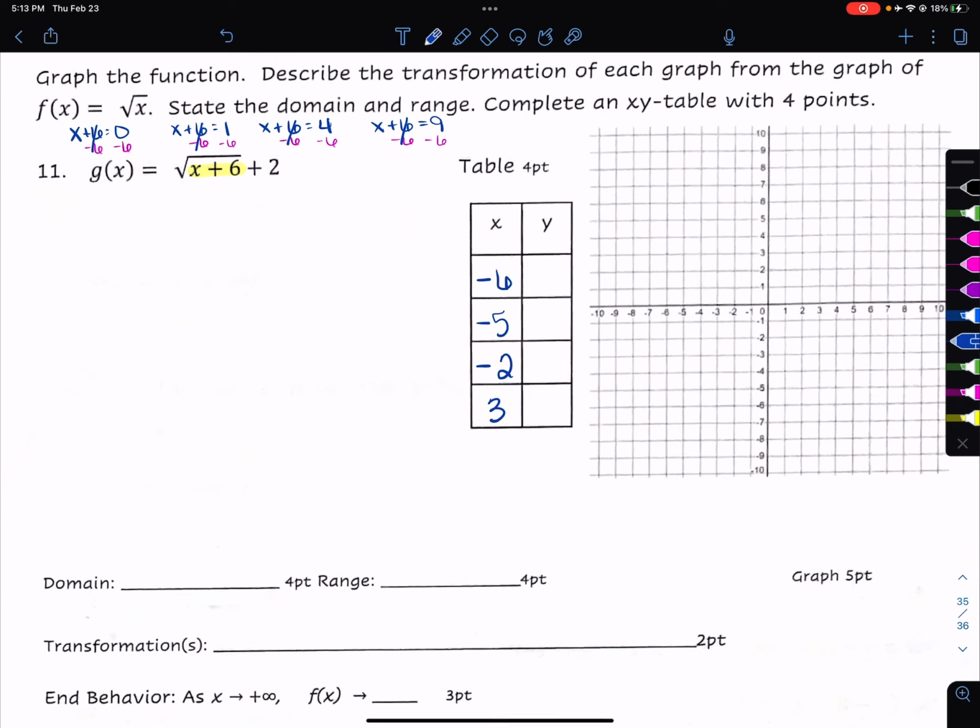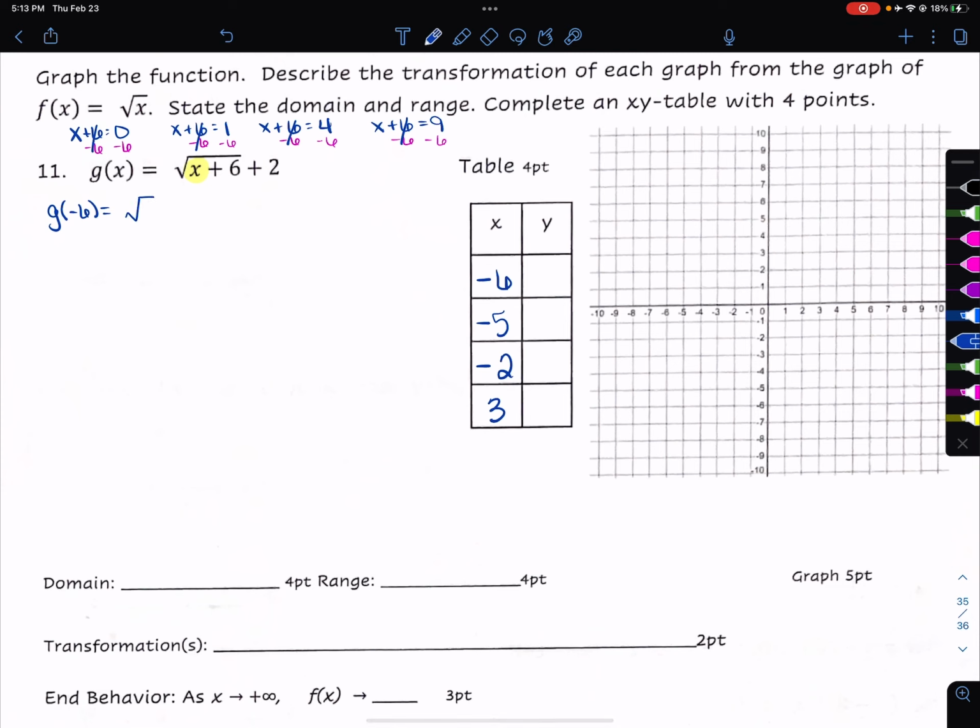All right, once we have those x values, we're going to plug them back into the function. So I'm going to replace the x with these input values. So I'm going to do g of -6. That's the rule that's telling you what I'm doing.